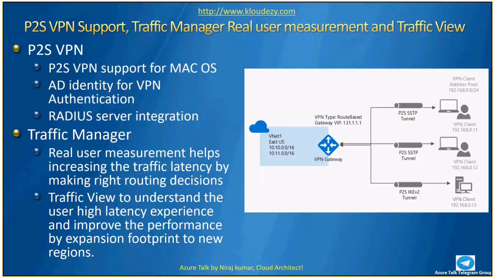Real user measurement will help you understand where your traffic is coming from and where you expect a huge load, so I can prepare for the next cycle and scale the workload of a web app or any solution deployed under Traffic Manager.